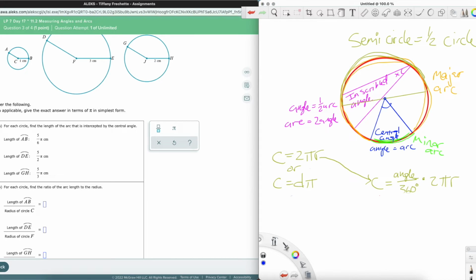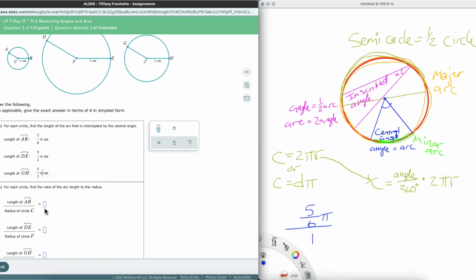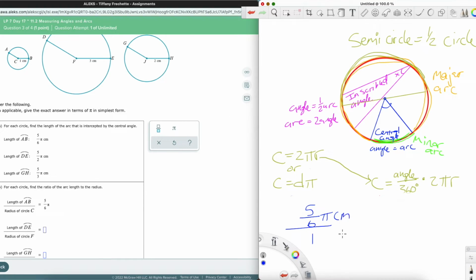So if I look at the length of AB, which was 5 over 6 pi, and I divide that by the radius of the circle, which was 1, well, that's not going to change anything, dividing by 1. So it's still going to be 5 over 6 pi. The centimeters do cancel, because this has centimeters and this has centimeters, so we don't have to worry about the centimeters anymore.